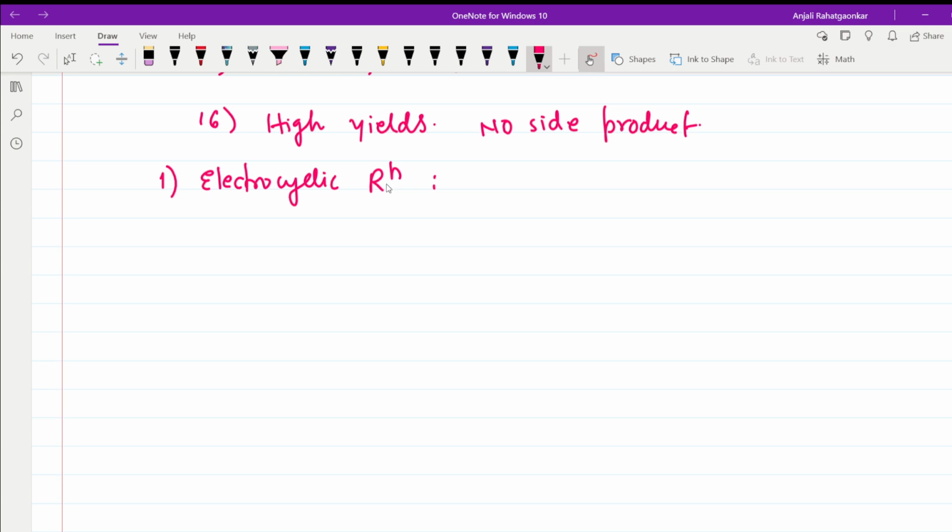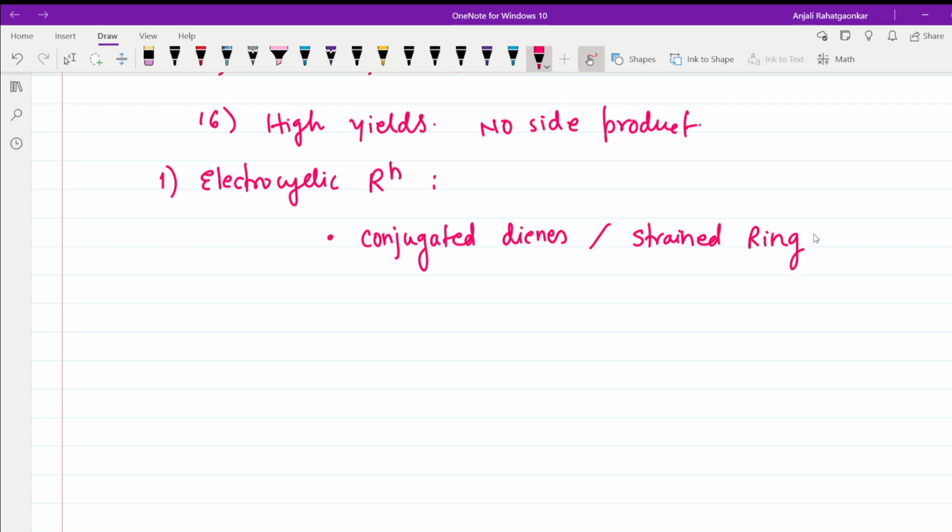So let us see here what type of reactants we are using. We are using conjugated dienes over here, or we can use strained rings.